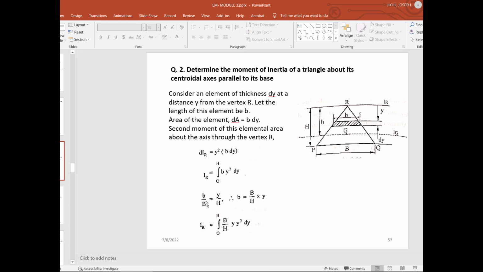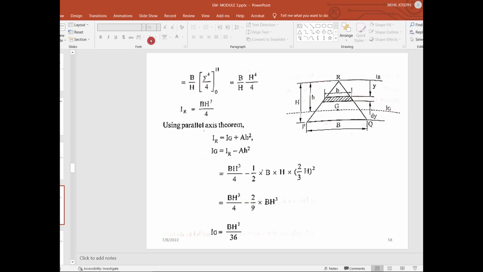Here b by capital B is equal to y by h, so b is equal to capital B by capital H into y. We'll get IR, which is the moment of inertia of this triangular area with respect to R, obtained as B into h cube by 4. Now we need to find the Ig value.